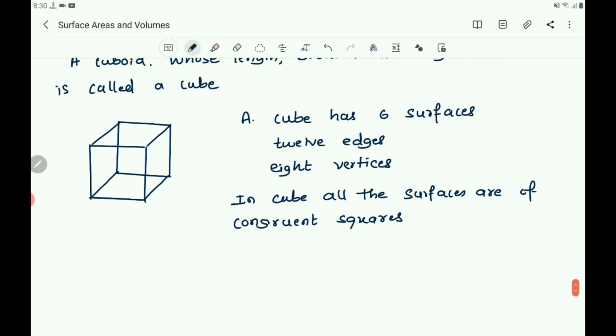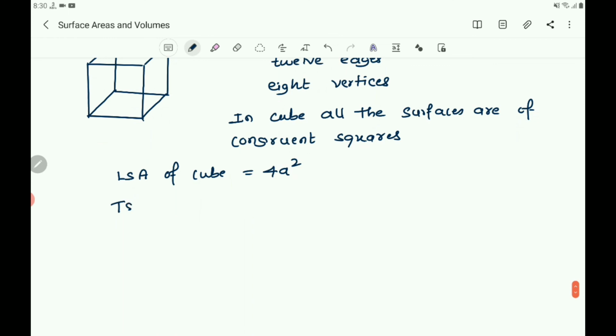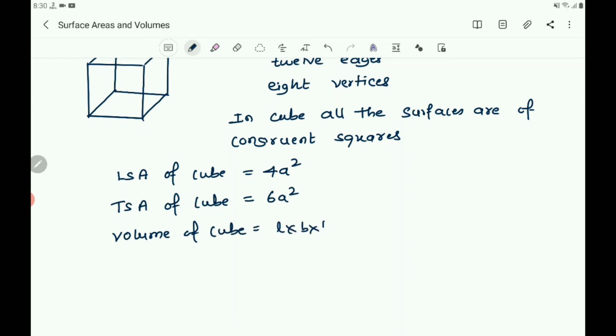Again you write the formula for the LSA, TSA and volume of the cube. LSA of cube equals, that is the lateral surface area of the cube equals 4a square, and TSA of cube equals 6a square, and volume of cube equals, you know that L into B into H, then all are equals to a, so it becomes a cube.